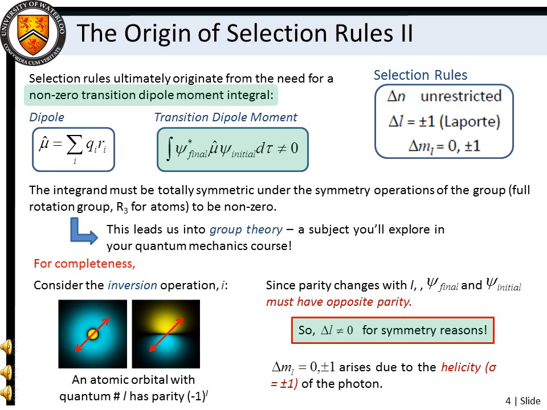For example, consider an S to S transition, which would occur between two states with identical inversion symmetry, resulting in a totally symmetric product of wave functions. Including the transition dipole moment would therefore result in a non-totally symmetric integrand, since the dipole moment has an odd parity due to the positive-negative charge separation. The use of symmetry arguments such as this can significantly reduce the necessity for brute force mathematical treatment.